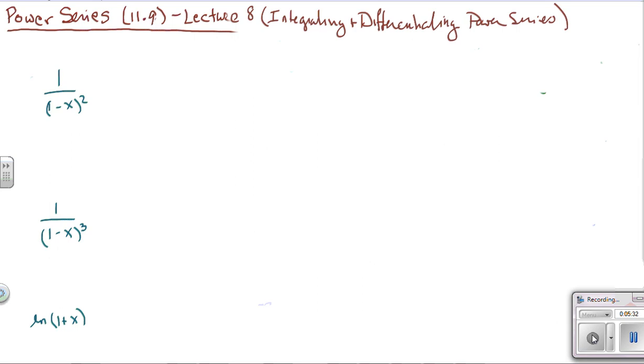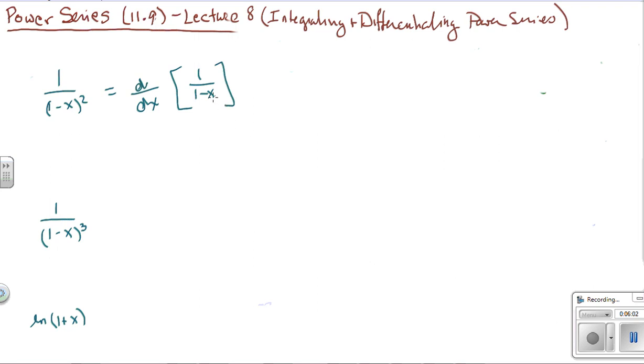This first one. Okay, now the key here is to recognize when something is the derivative or the integral of something that looks like a geometric series, or something whose power series expansion I know. In this case, what I want you to verify for yourself is that this particular function is the derivative of 1 over 1 minus x, right?